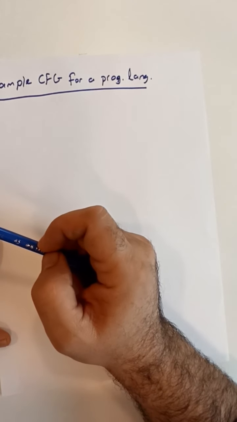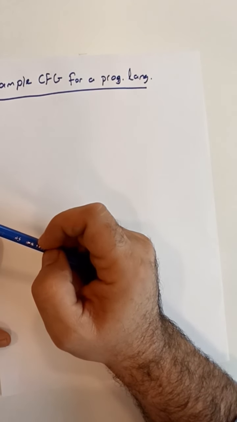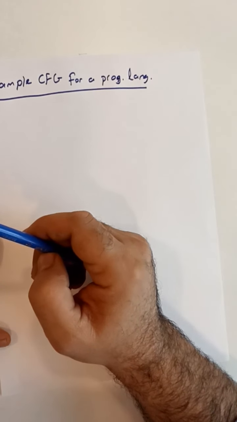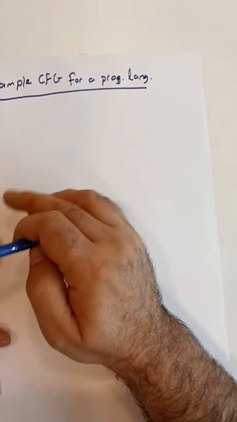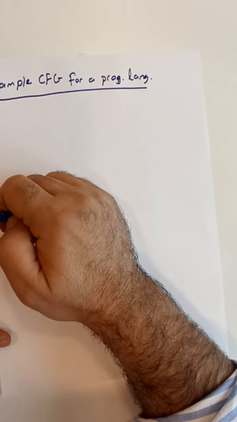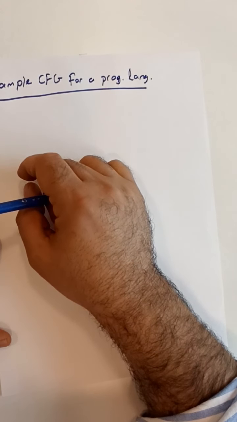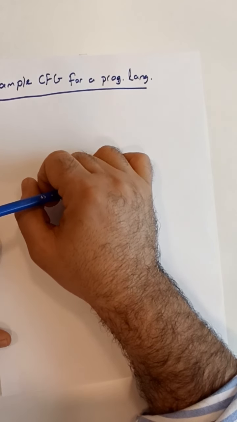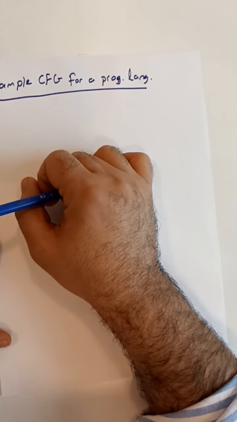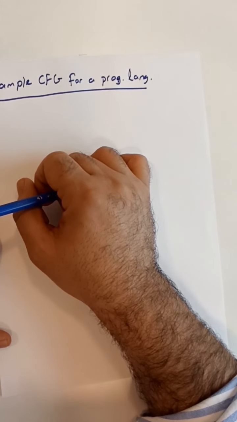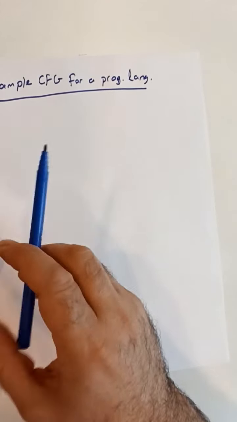So for instance, if you search on the internet for the Python reference, such a reference will basically consist of all the grammar rules that apply to the Python language. In this example, we'll just consider a small portion of such a grammar where all the grammatical rules of a specific programming language are described.